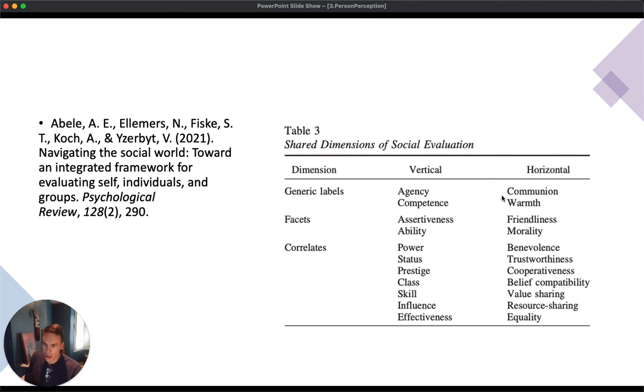If you're friendly, if you're higher in morality, these are the two facets, right? And then you have benevolence, trustworthiness, cooperativeness, belief compatibility, right? So one of the models of social evaluation says, whom do I perceive to be warm? If they share the same beliefs that I have, right? So different emphasis, resource sharing, and equality. Okay, so you can see that on the one hand, status, power, prestige dominate competence, and then a lack of competition, of cooperation, of trustworthiness dominates the warmth dimension. All right.